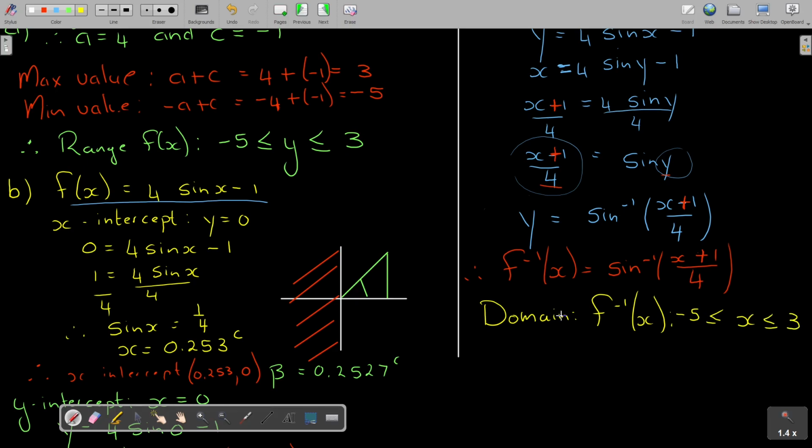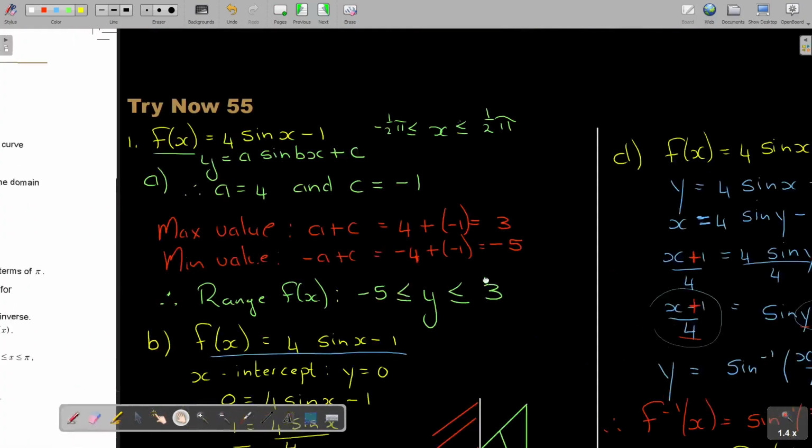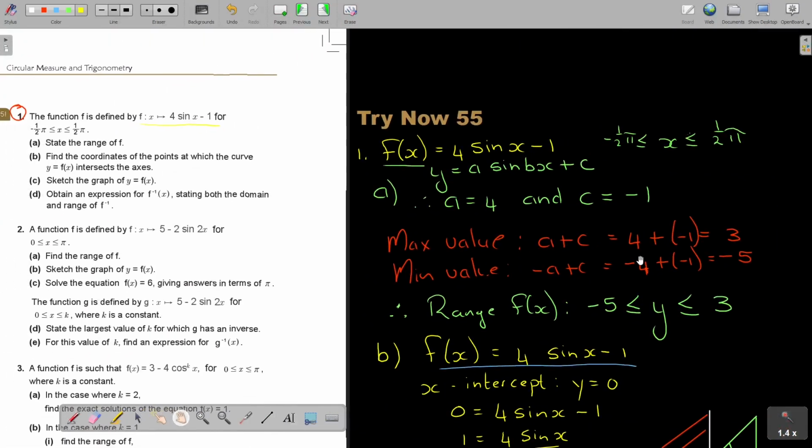Okay, so that will be the domain, and the range of f minus 1 of x will just be this one's domain. Can I just show you here? There was the domain. There was the domain.